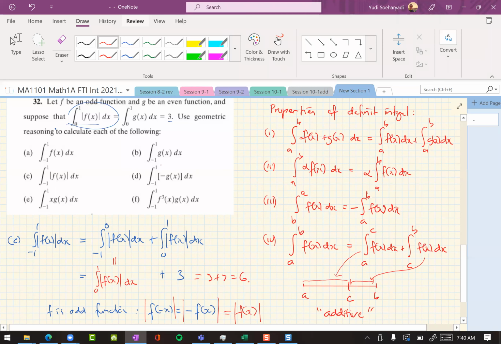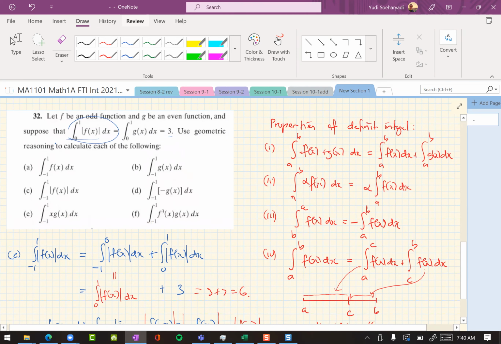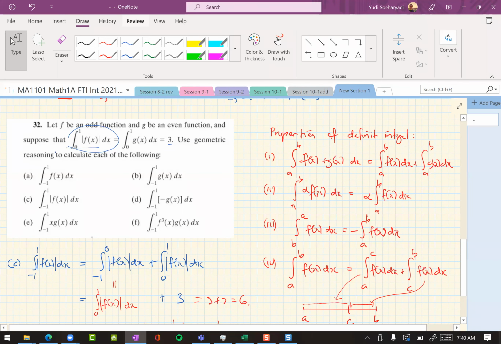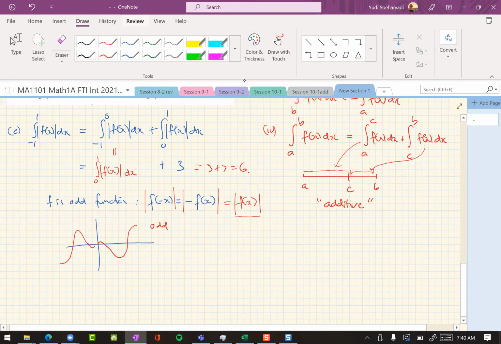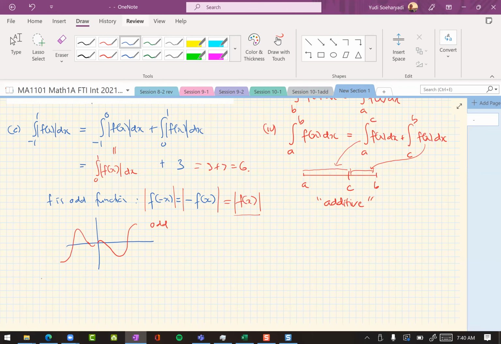Okay. And let's see here. What about this one here? G. So say B, from negative 1 to 1 of g of x. And we do the same thing here.